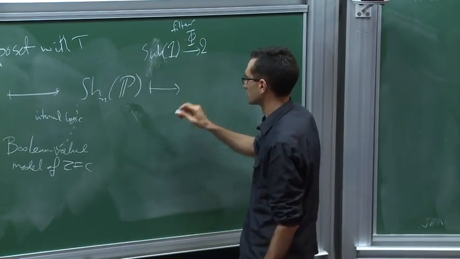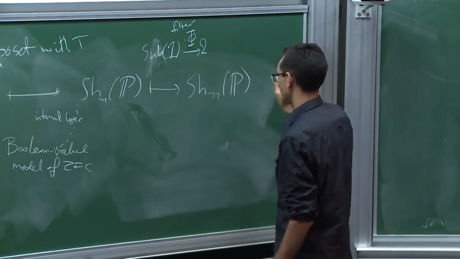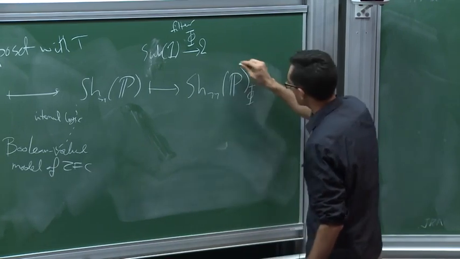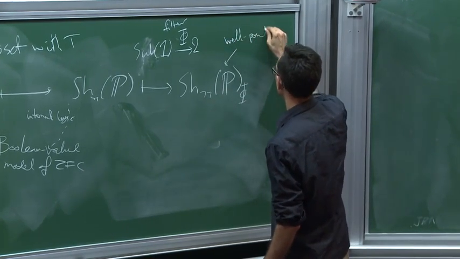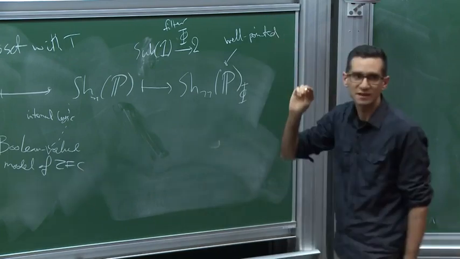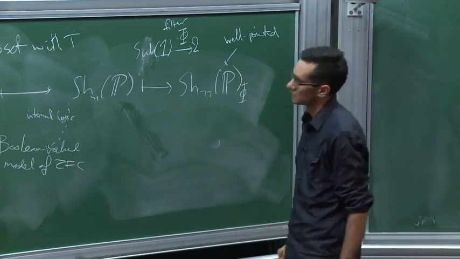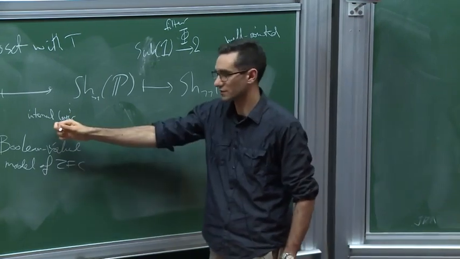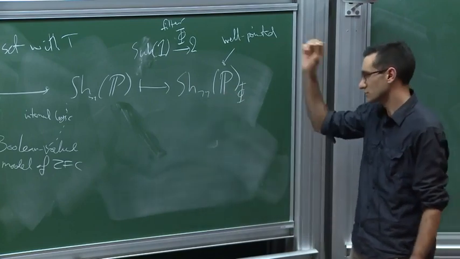And you can perform what's called the filter quotient construction. The details are not important, but this here is now well pointed. The internal logic and the external logic now agree in this category. And so you can reason exactly as if you were in the internal logic, but you just go, well, this is how the objects of this topos work.